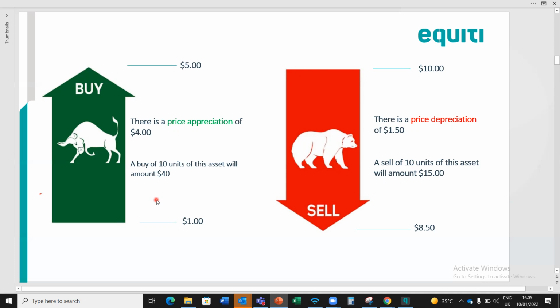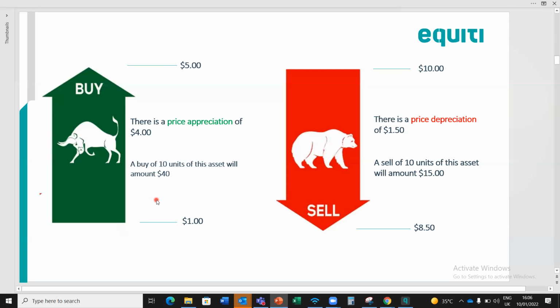Once you say buy this share, this stock or this currency, your broker understands that the value of that asset is going to appreciate. And if it does appreciate based on your analysis and understanding of the market, your broker pays you the difference from where you entered the market to where it has actually appreciated to.